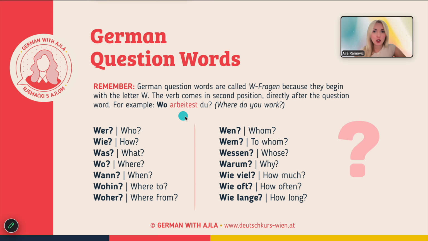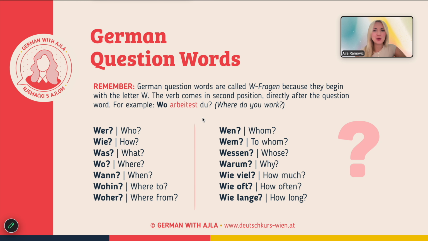So in conclusion, the conjugated verb, the activity of the sentence, needs to come directly after the question word, and the question word, of course, is taking the first position. Okay, very good. So, wo arbeitest du?